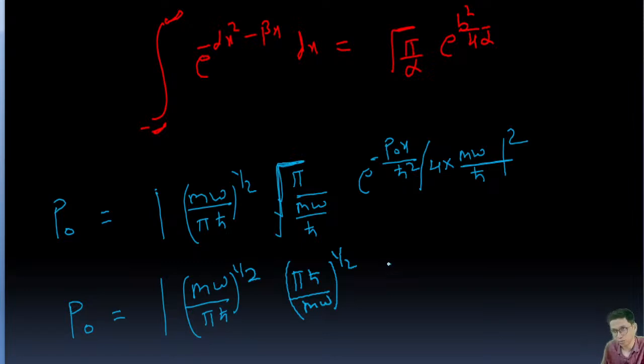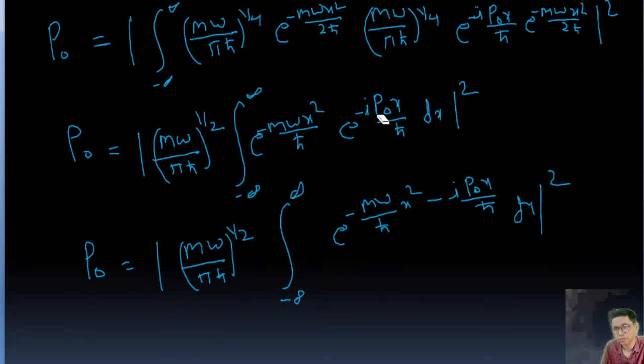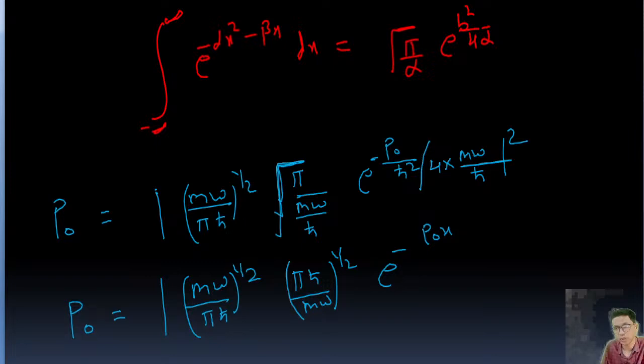And this is going to be e to the power minus, h cut will get cancelled, and this value is going to be p naught x. Just a p naught, guys, the beta value. So p naught upon h cut is the value of beta, right?